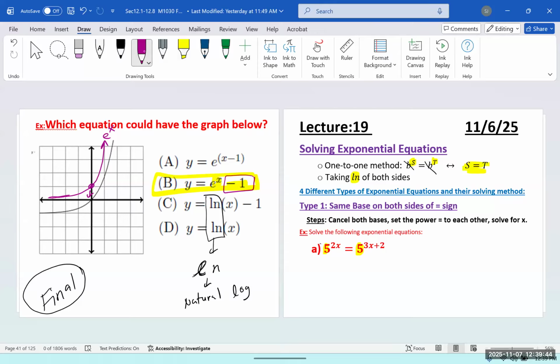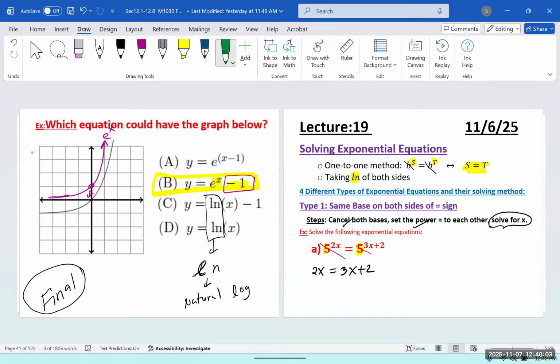So we cancel them and we get 2x equals 3x plus 2. Now, using algebra, solve for x.